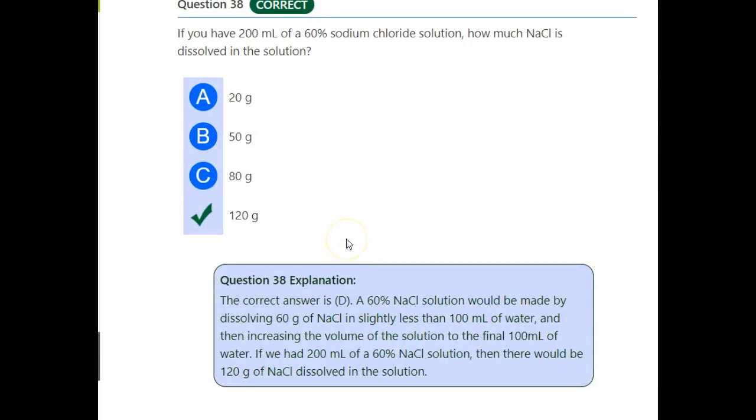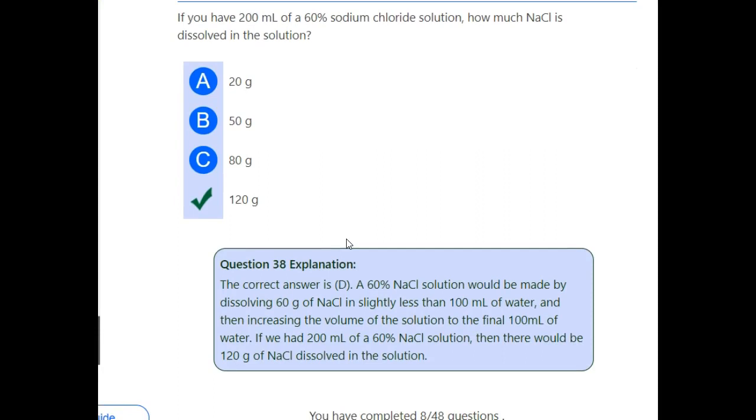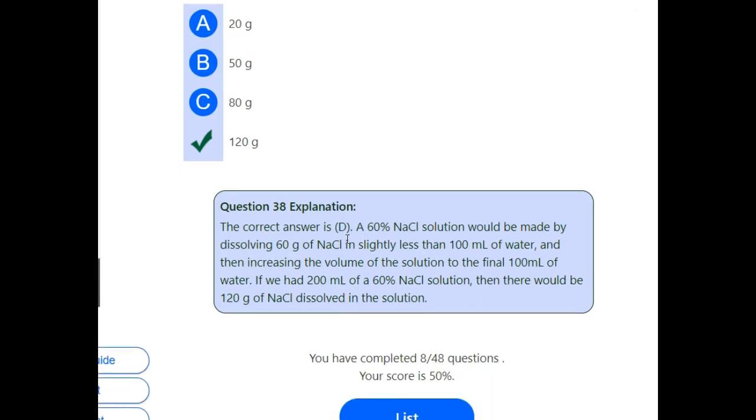The correct answer is D. A 60% sodium chloride solution will be made by dissolving 60 grams of sodium chloride in slightly less than 100 milliliters of water, and then increasing the volume of the solution to the final 100 milliliters. If we had 200 milliliters of 60% sodium chloride solution, then there will be 120 grams of sodium chloride dissolved in the solution.